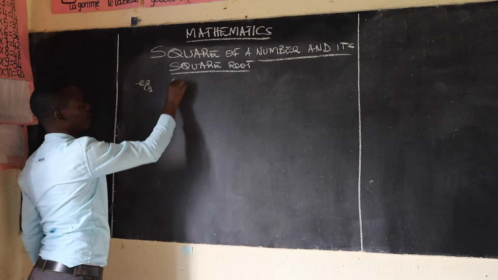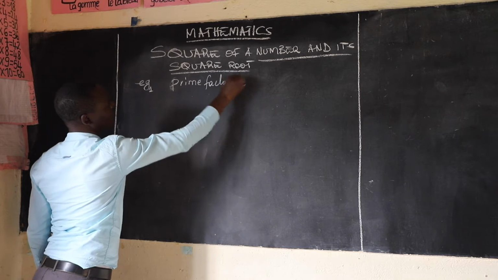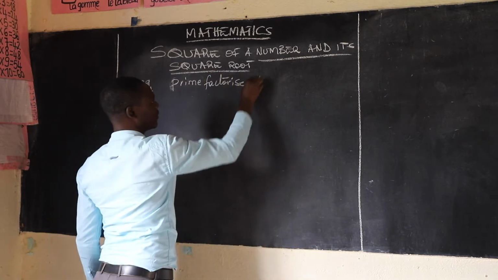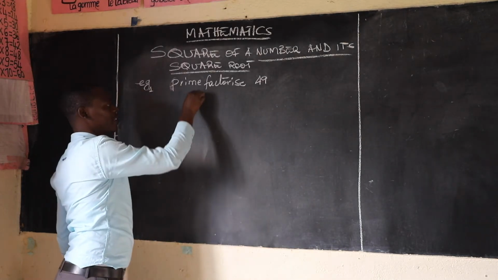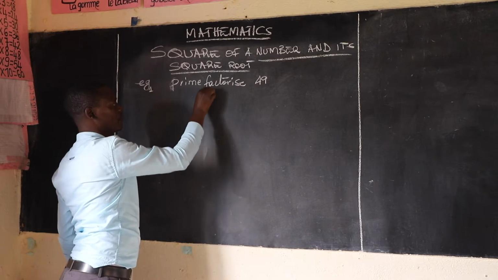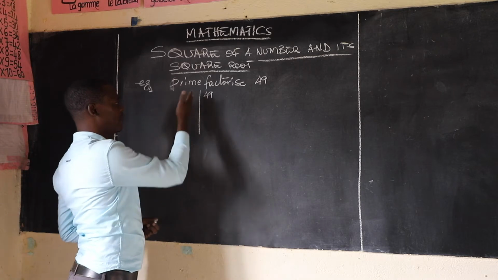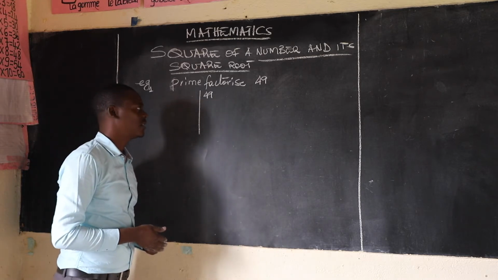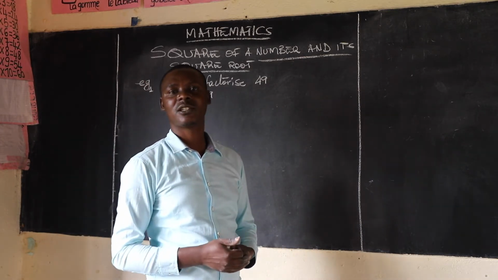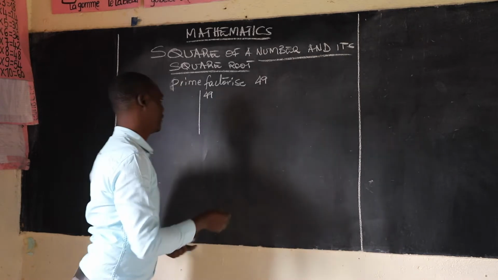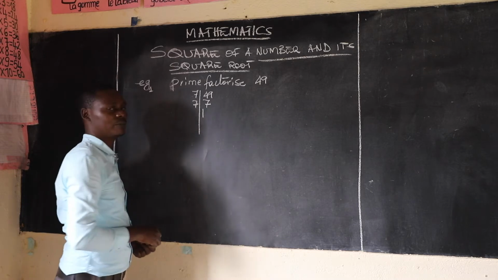Prime factorize 49. We said we write it in this way and we factorize it. Our 49 divided by 2, 2 cannot divide it, 3 cannot divide it, 5 cannot divide it, but 7 can. 49 divided by 7 is 7, 7 divided by 7 is 1.